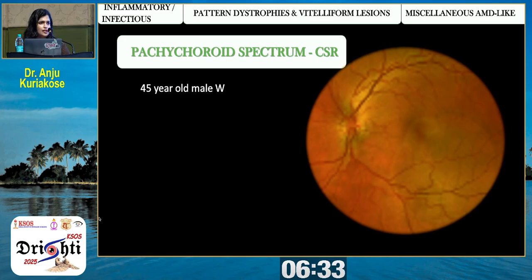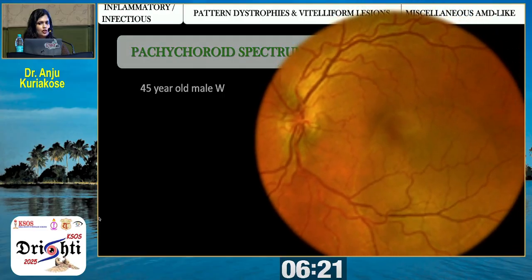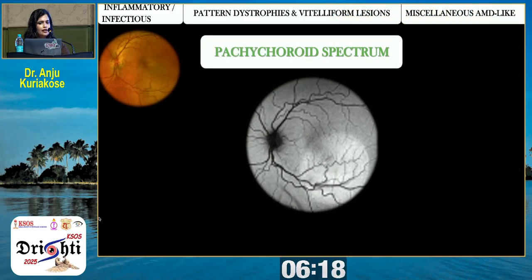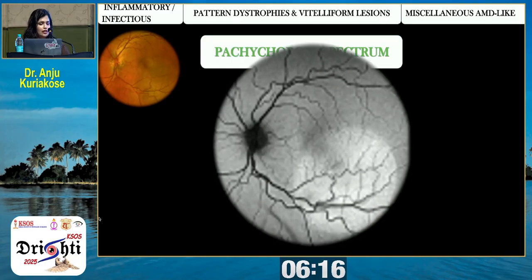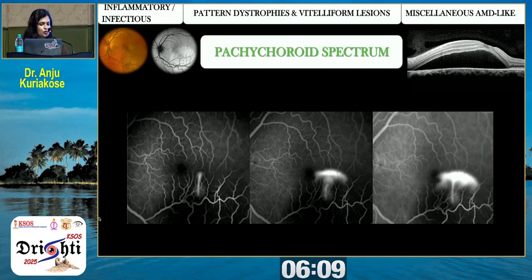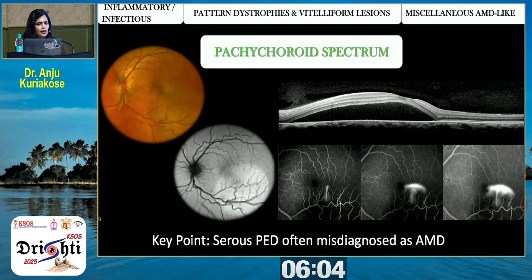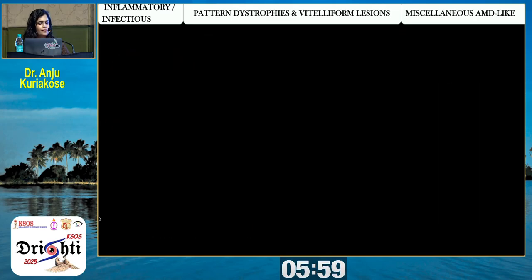Next is CSR. Even CSR is misdiagnosed. It is a relatively younger patient with yellow precipitate, dome-shaped neurosensory detachment with serous PED. Autofluorescence can show descending tracks, and FFA shows a smokestack leak. The key point here is a younger patient with serous PED, often misdiagnosed as AMD.